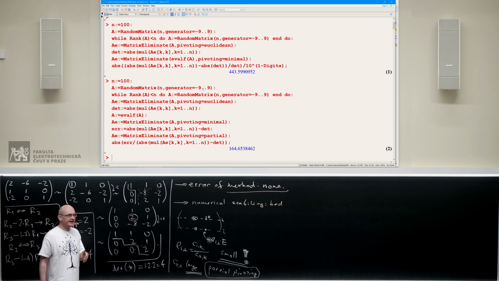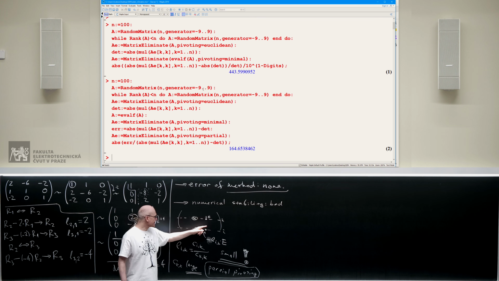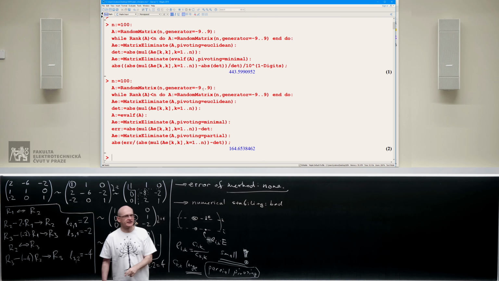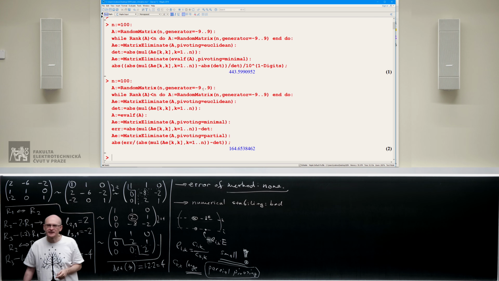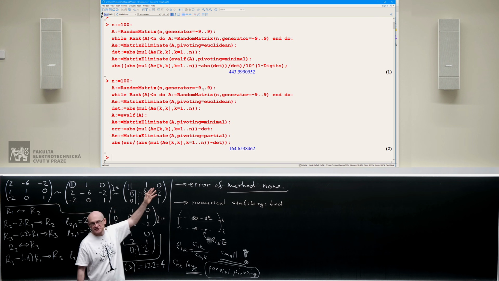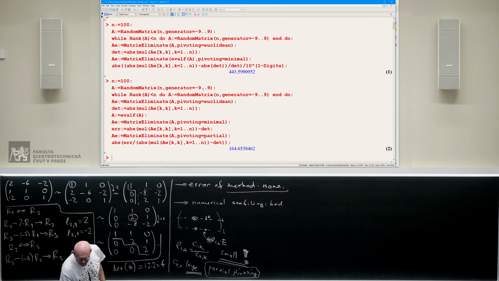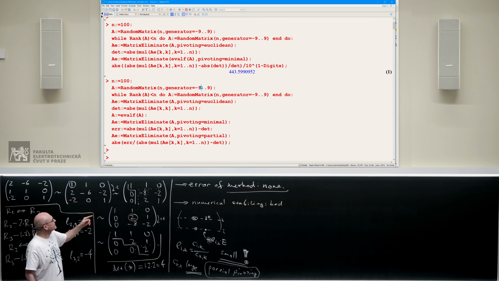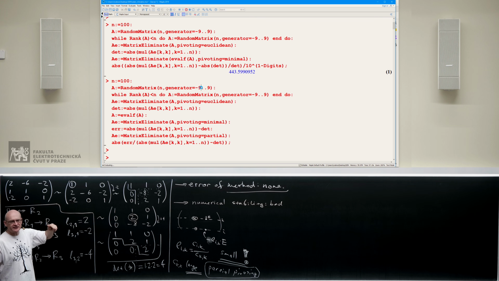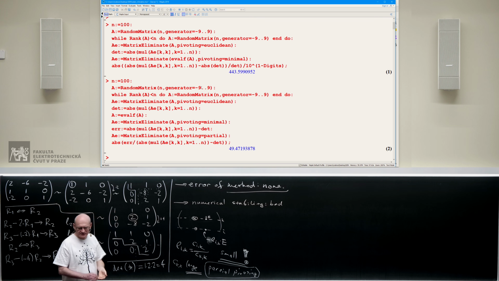It may happen that actually the error caused by elimination with pivoting will be even larger than elimination without pivoting, but such occasions are extremely rare, and in fact, in all my experiments, I never encountered it. I'm always getting numbers larger than 1 here. Now this is 164, so pivoting lowered the error 164 times, not 50 times.